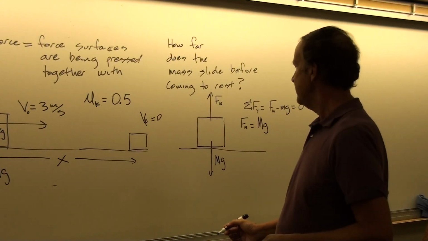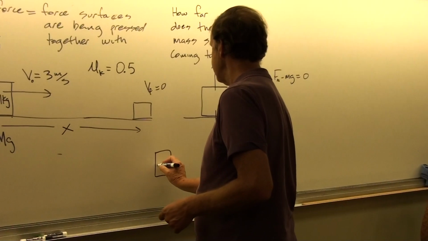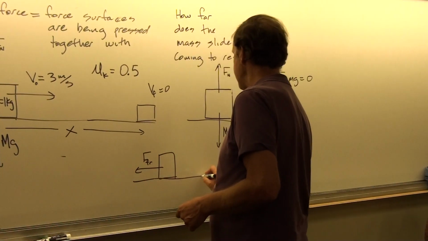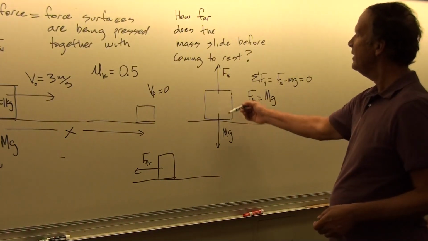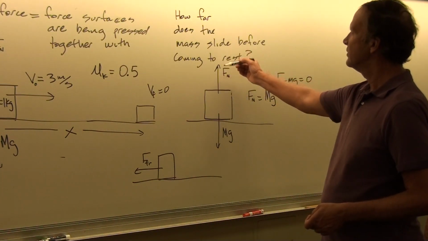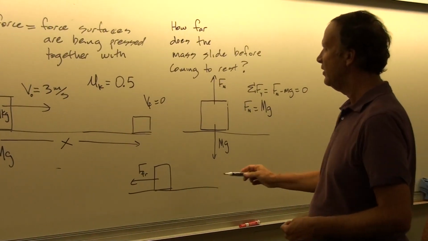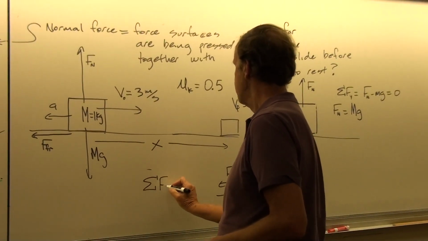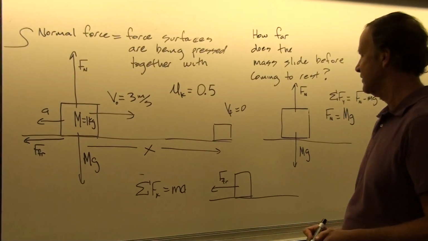But now we need to know what the force is acting in the x direction, so that's just our force of friction. So in the x direction, we have a separate equation. We have one y equation for the y parts of the force, and we have one x equation for the x parts of the force. So this is the sum of the x forces equals mass times acceleration.